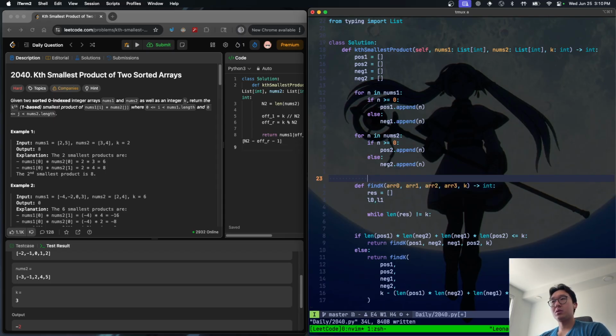Okay, so always multiply 0 with 1, 0 with 3. Yep, doesn't matter. So left 1, 2.